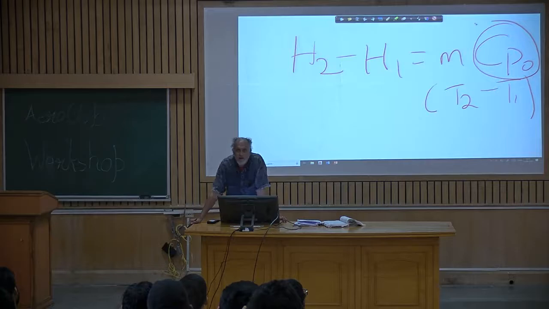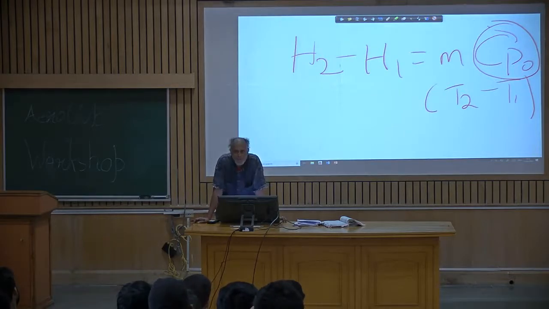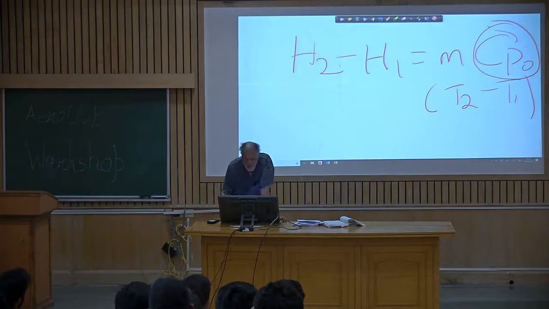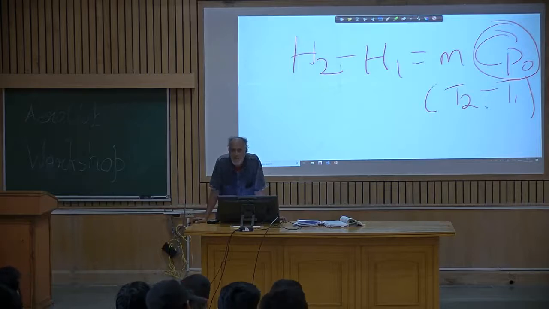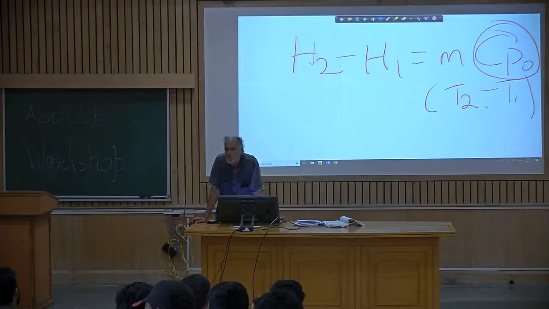Or I can give you an equation where Cp changes with temperature. Then what will you do? Then you will separate this as Cp at T2 and Cp at T1. For each temperature you will plug in that equation, get the correct value of Cp, multiply it by T2 and multiply it by T1. Got it?